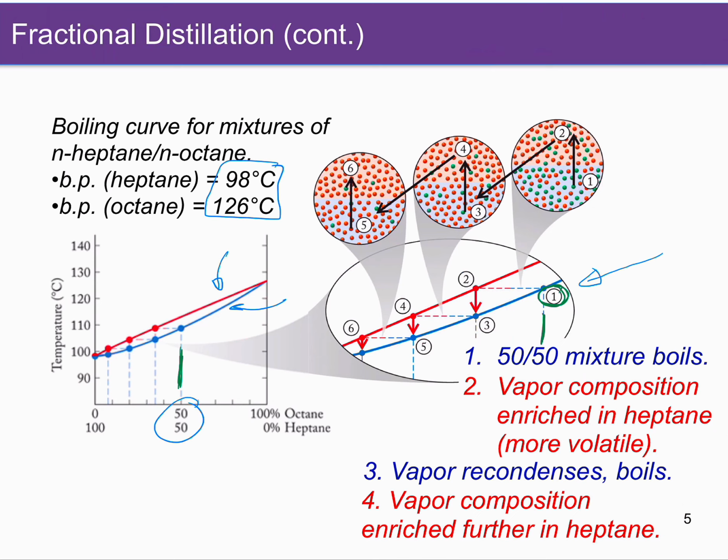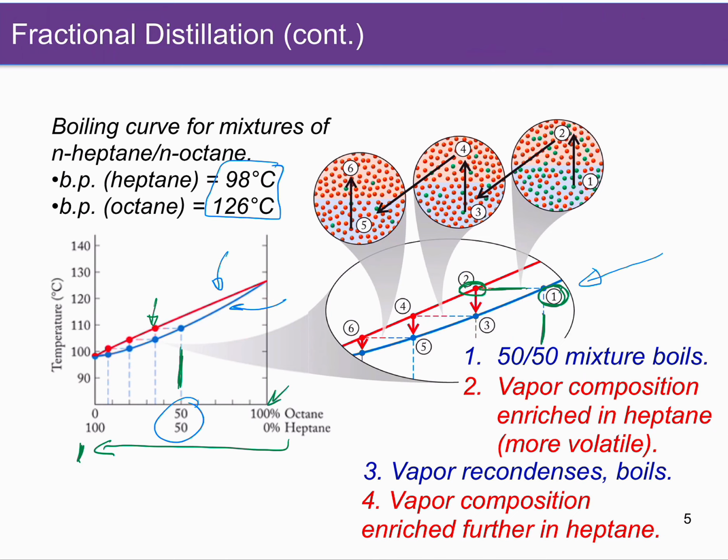Since heptane is more volatile than octane, when it enters the vapor phase, the composition is actually going to be this point right there. You can see the composition is headed towards 100% heptane. This is the 100% heptane side here, and this is the 100% octane side here.